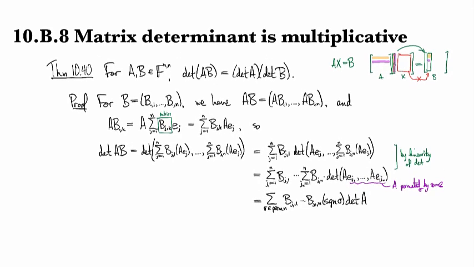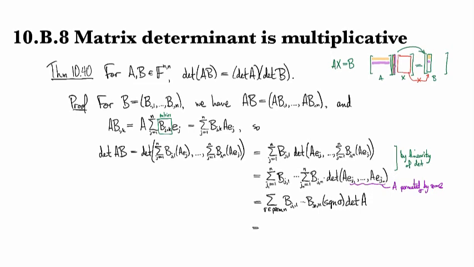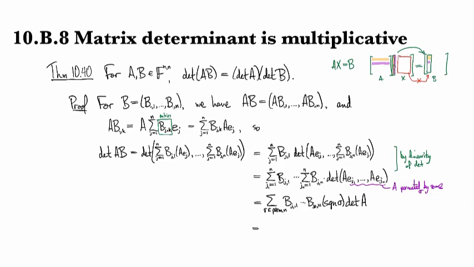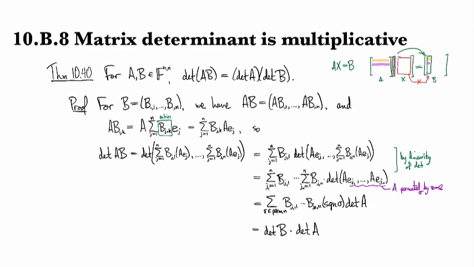And then the thing that's left out in front here is actually the determinant of B. So that's the determinant of B times the determinant of A.